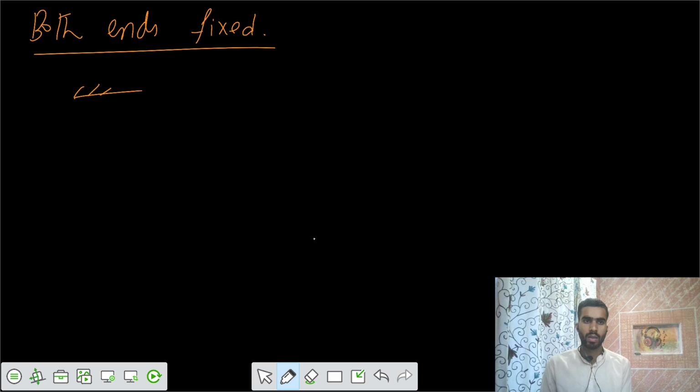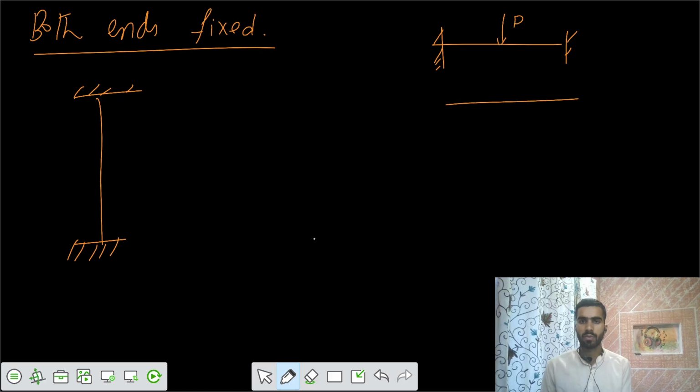Now we have the third condition, if both ends are fixed. Let's have that condition. So you apply load P, and based on the symmetry, if the load is at the midspan, we say shear force is 0 at the midspan.